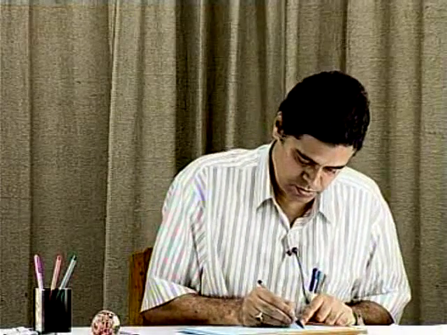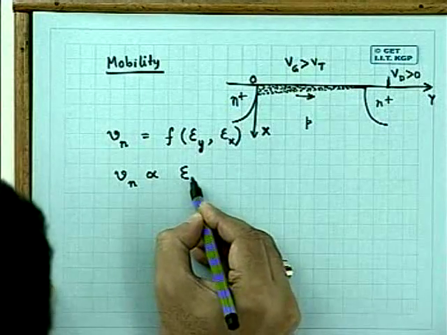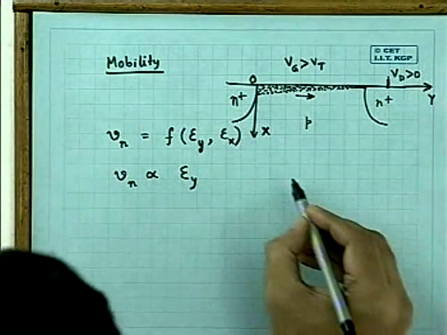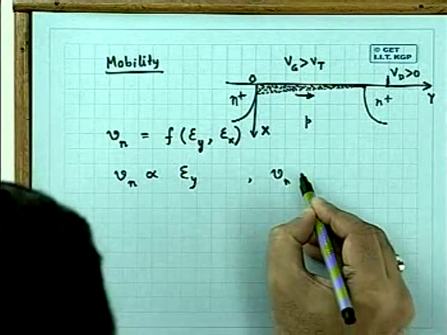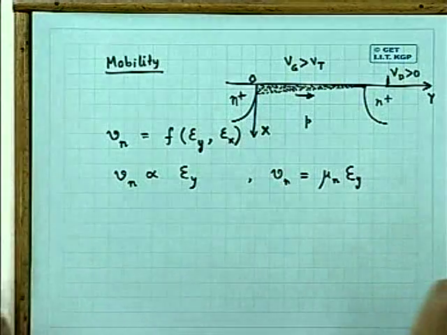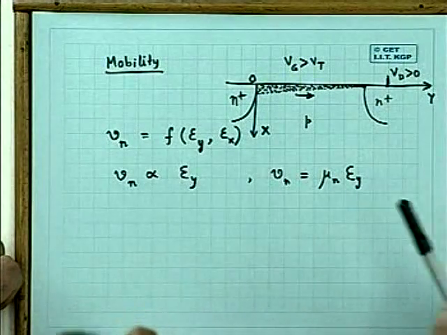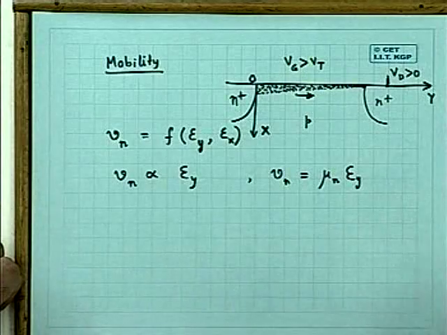Normally, when you consider the velocity of a carrier, we never consider any normal component of the electric field. We assume that Vn is proportional to Ey, and Vn therefore is something like mu n into Ey, where mu n is called the low field mobility.